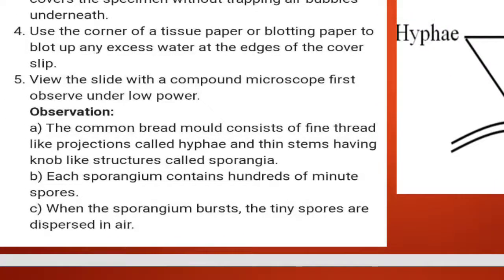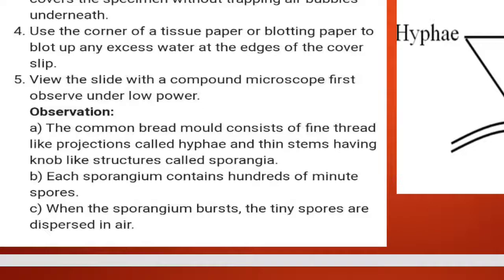What will you observe? You will observe the common bread mold consists of fine thread-like projections called hyphae and a thin stem having knob-like structures called sporangia. Those knobs are called sporangia where the spores are present. Each sporangium contains hundreds of minute spores.